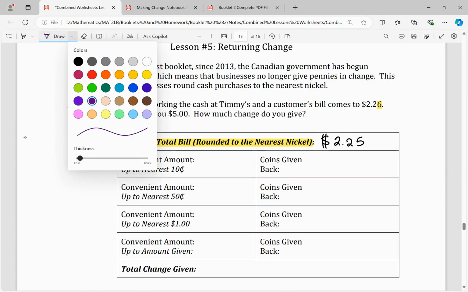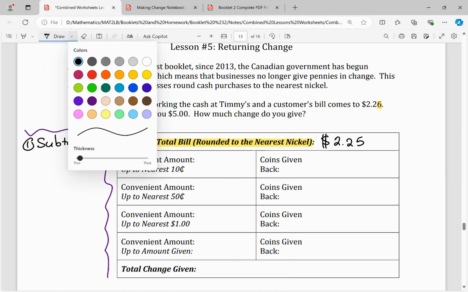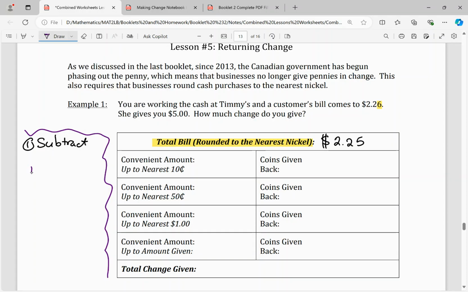I'll do that on the side, and then if you like this method, you can write it down and use it in the future. Step 1 is to subtract. That means that we are going to take the $5 that the customer gave us, and we're going to subtract $2.25.